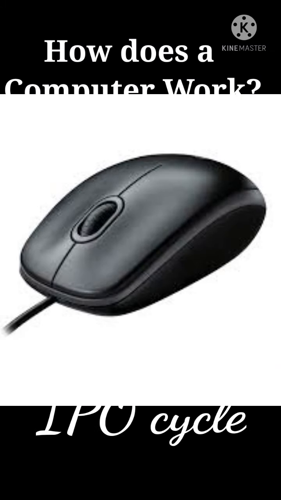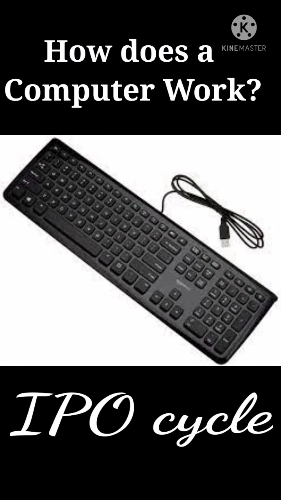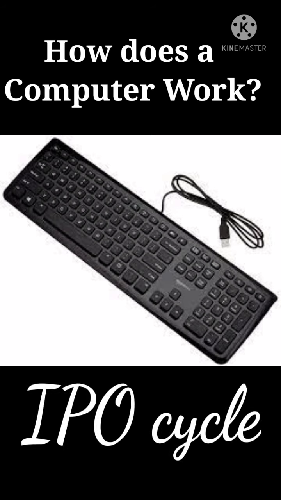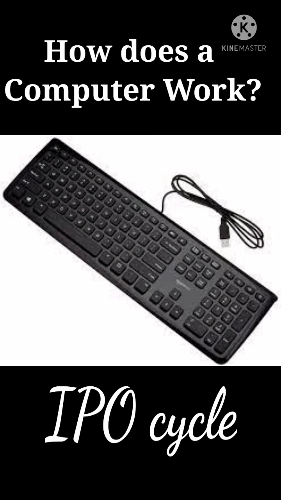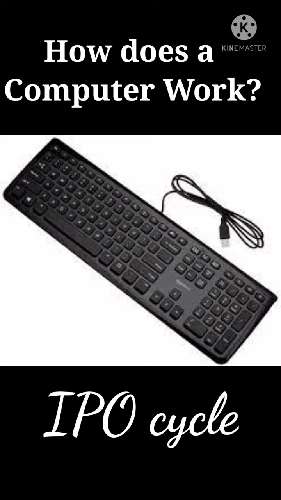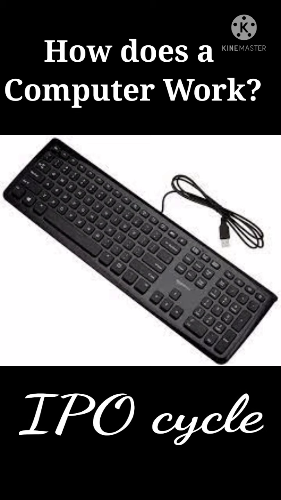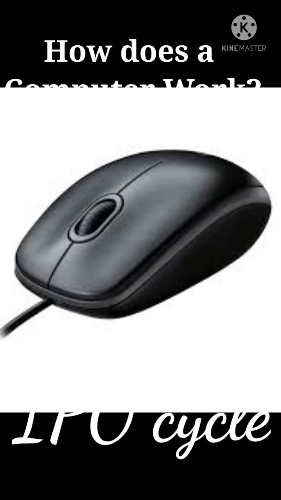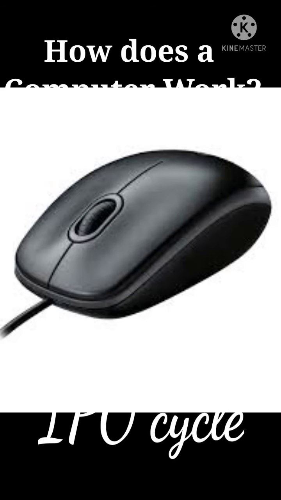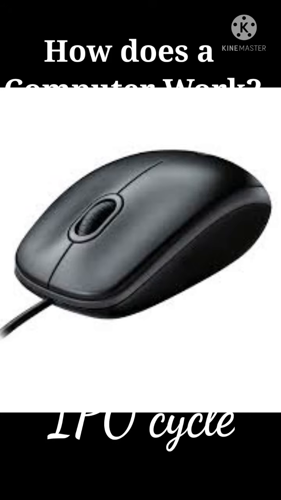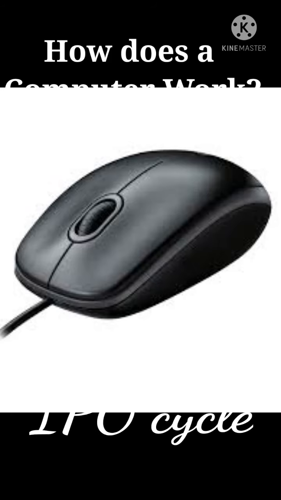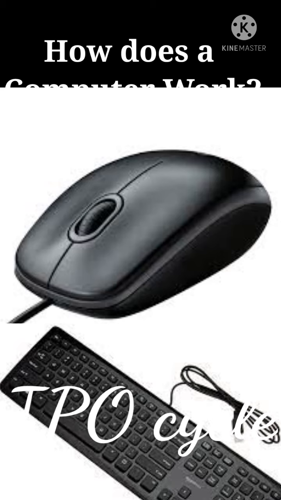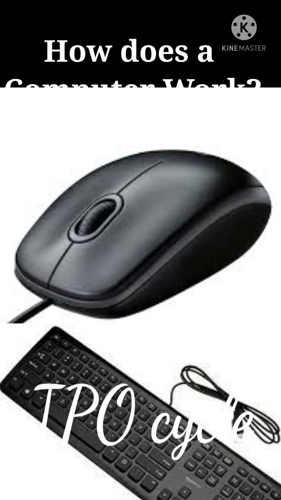The mouse and the keyboard help us to give the input to a computer. If you want to type numbers and letters in the computer, you have to use the keyboard. To draw pictures, we have to use the mouse. So, keyboard and mouse both are used to give information to the computers. So, keyboard and mouse are examples of input devices in the computer.